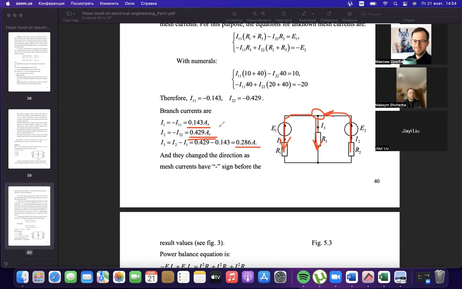And as we see, this Kirchhoff law is true, and that means that we found everything correctly.